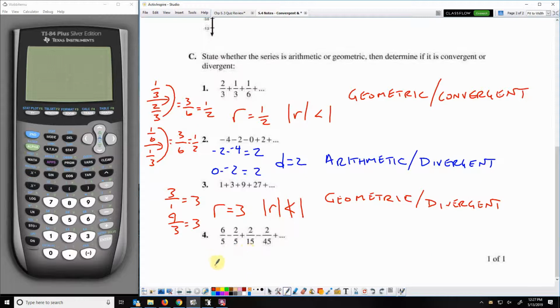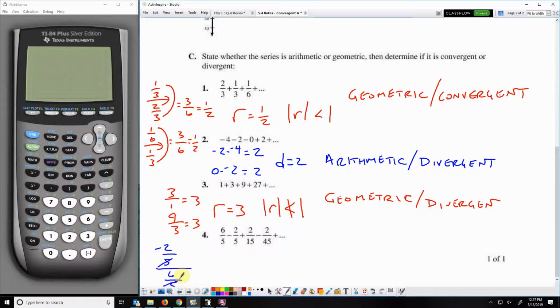And last, looks like we're probably geometric here. So -2/5. Change color so this doesn't all run together. -2/5 over 6/5.